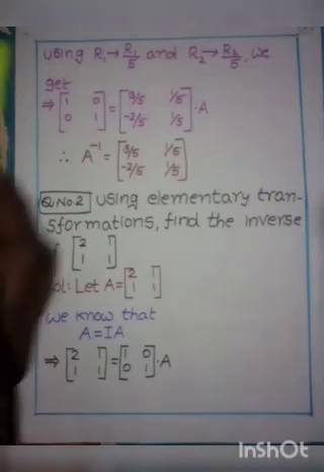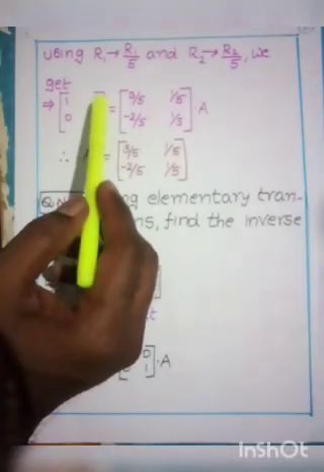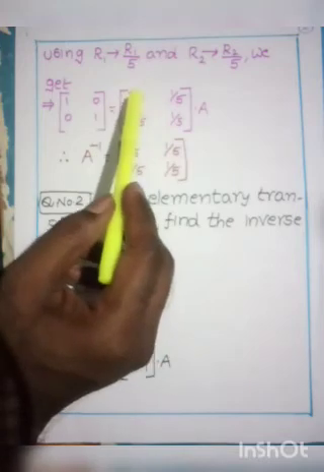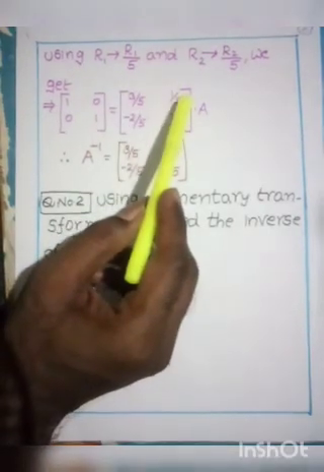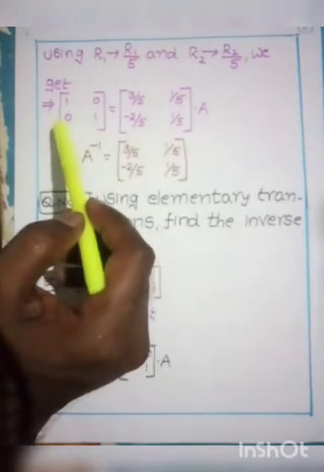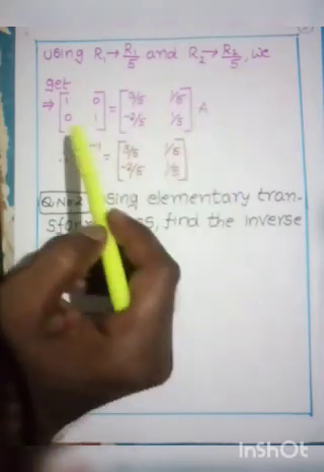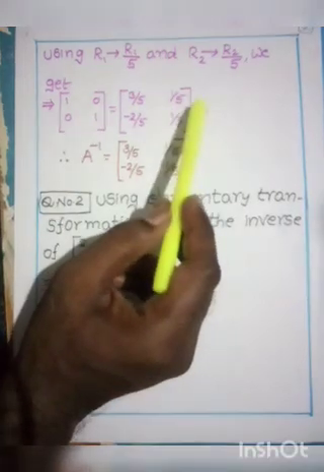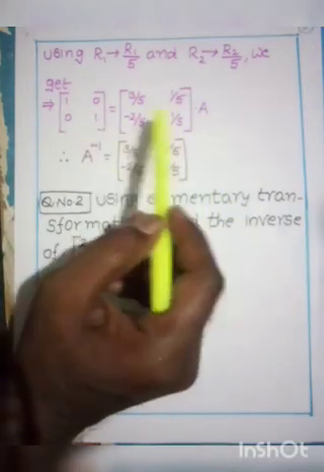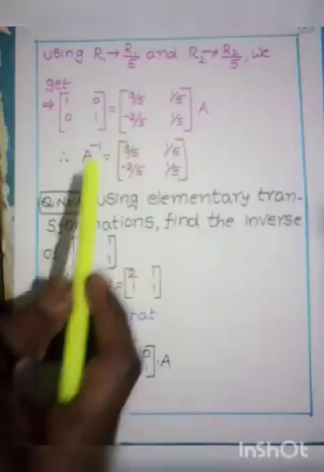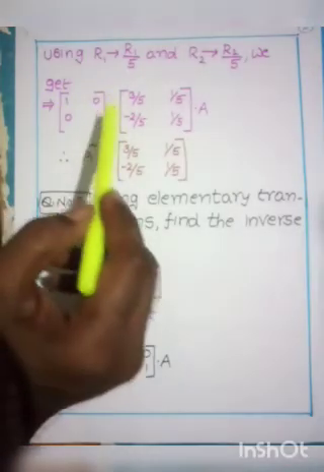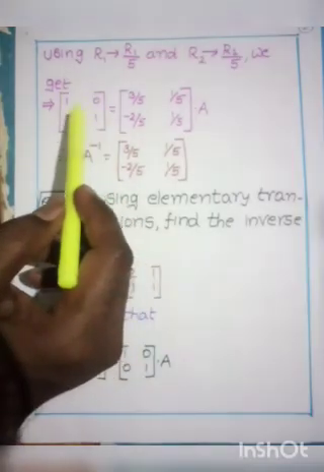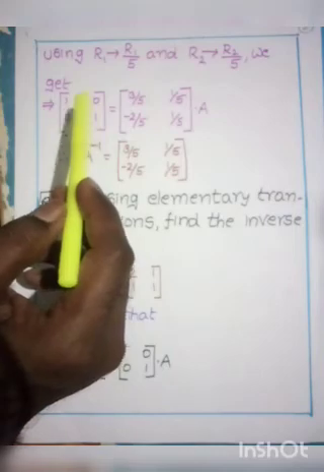Then we get here 1 0 is equal to 3 by 5, 1 by 5. If we divide the second row elements by 5, we get 0 1, minus 2 by 5, 1 by 5, into A. Understood this step, my dear children? Right. So here in LHS we got an identity matrix.